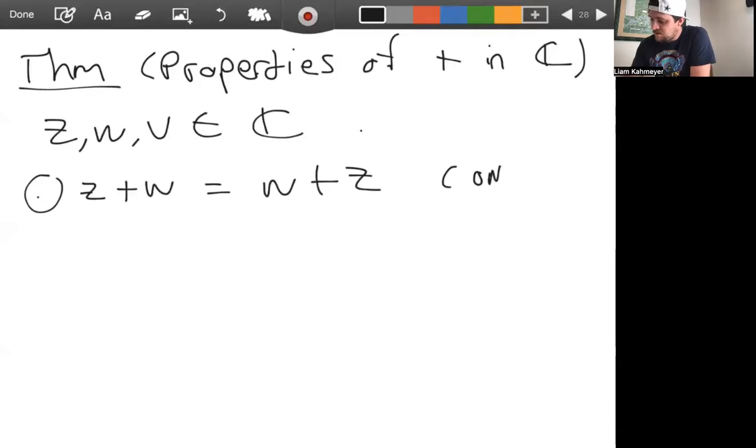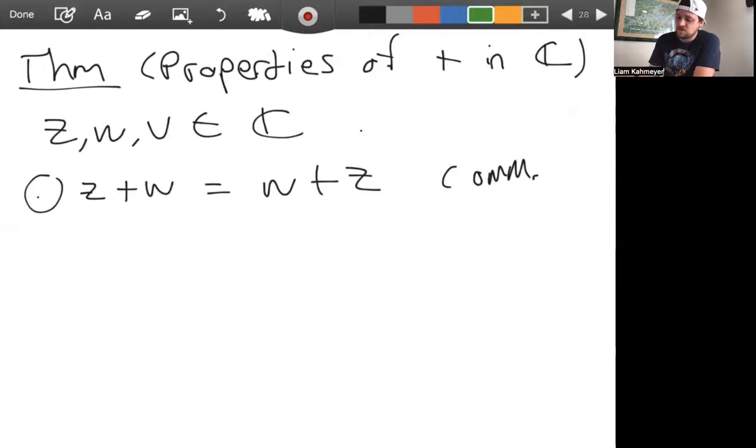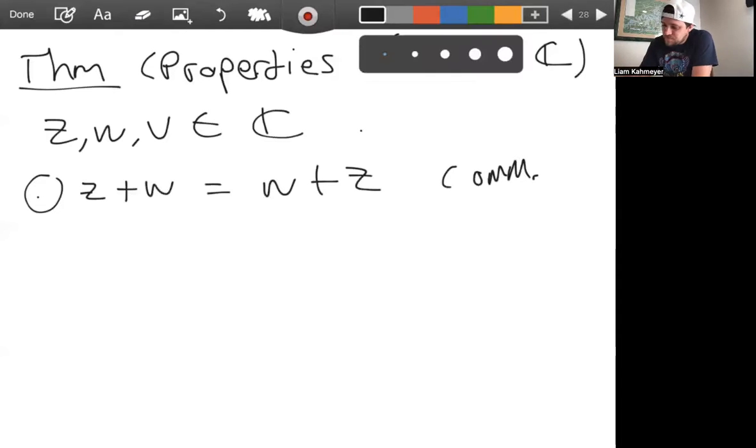This is commutativity. I would like you to prove this. This is pretty standard stuff, and it's very good for you to be able to prove. You can prove this by giving z and w explicit names, like z is a plus bi and w is c plus di, and then show this property.